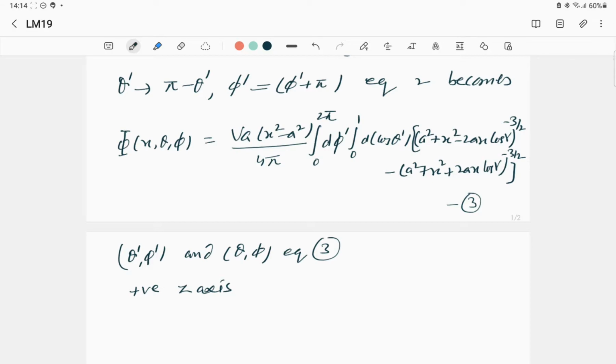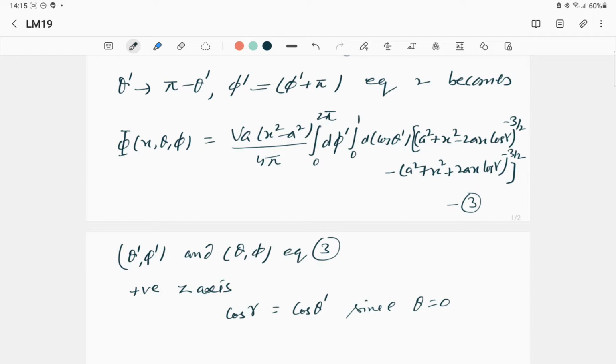In that case, since theta is equal to 0, cos gamma is simply equal to cos theta dash.